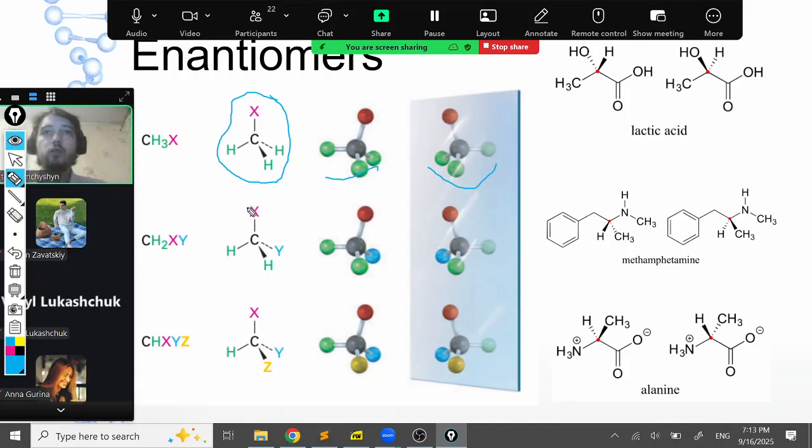Let's take a molecule with two substituents. Here is substituent Y, shown by this blue ball, and I make a mirror image, and once again, are they different?